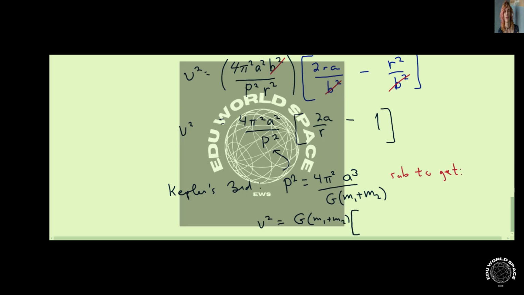And I'll leave out some of the algebra. It works out quite nice, but 2 over r. The a's cancel in the first term, and in the second term, we just get 1 over a.